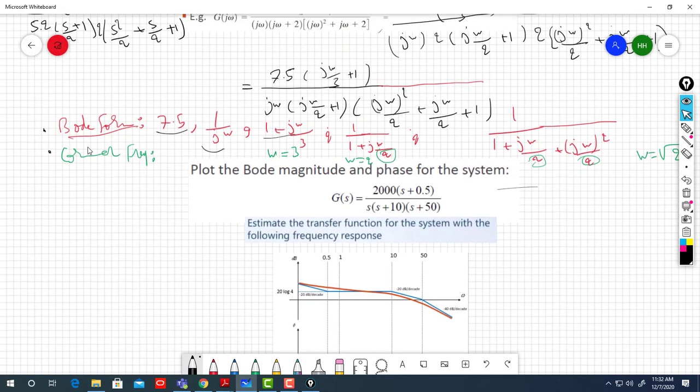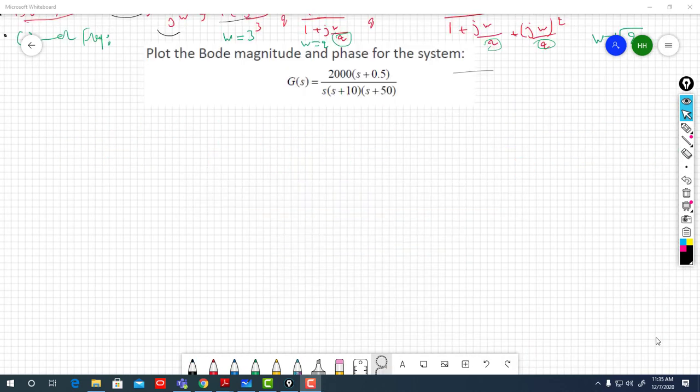As a direct application, I go with you on this exercise. In this exercise, we're asking you to draw the Bode diagram, the magnitude and phase, for this system. All right, so how to start? You need to convert it to the basic form, and this is the first step.